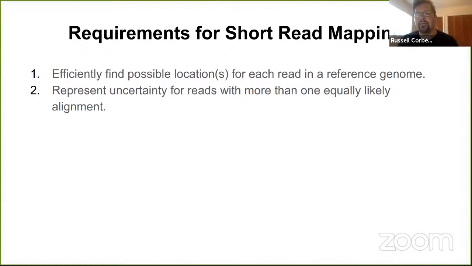You want to be able to quantify your uncertainty and tell me something about how sure I am that that read goes there. And this comes back to the thing I've probably said too much in this class, which is that repetitive elements and sequences that occur many times in a genome are your big challenge here. If you sequence something that comes from the middle of one of those repeats, there's a very good chance that you cannot be confident in its placement, and it actually has many, many possible placements across the genome. You want to know that so you don't just stare at errors later.